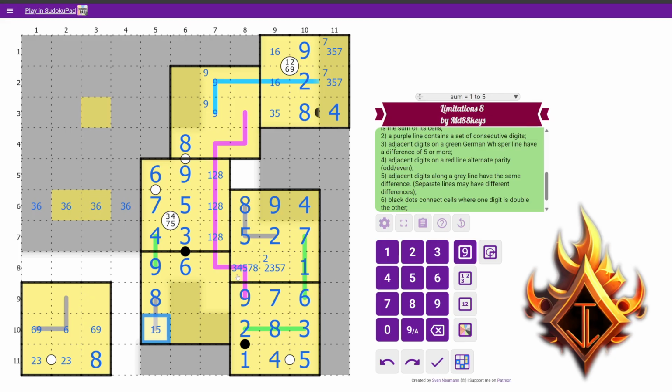Oh no, hold on. Hold on. No, I got all this. I think I got all this legit. Because I got these numbers over here because they couldn't be in this row.